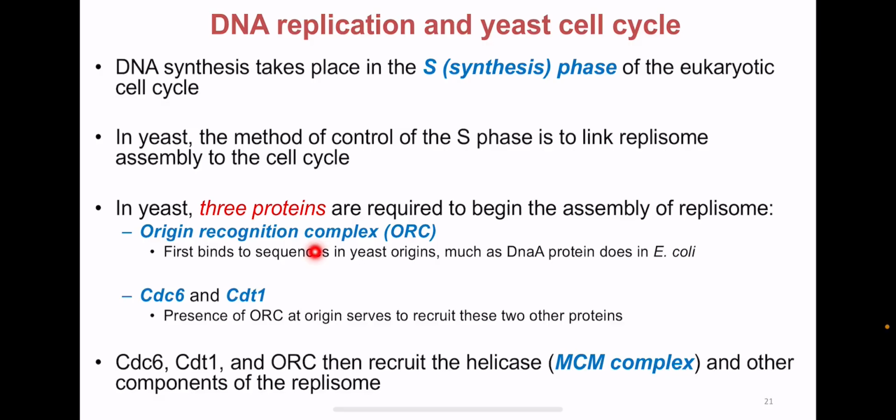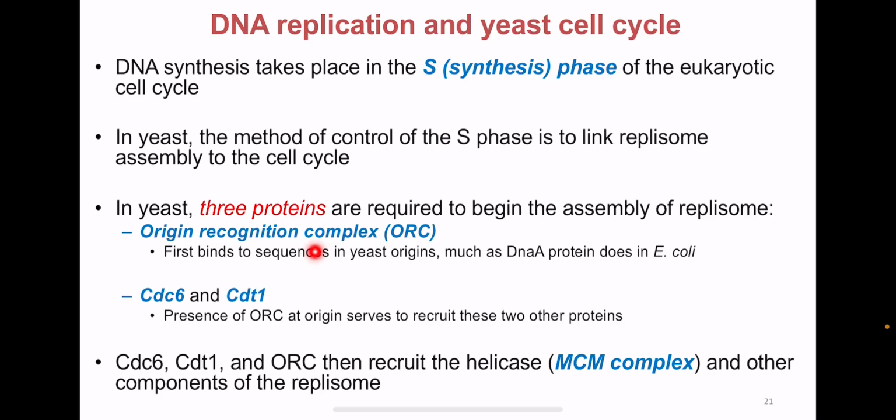When the polymerase, topoisomerases, helicase, ligase, polymerase 3, all of them, are recruited on the DNA and replication starts, the whole thing is called the replisome. But before all of them are assembled, 3 proteins are required in yeast.